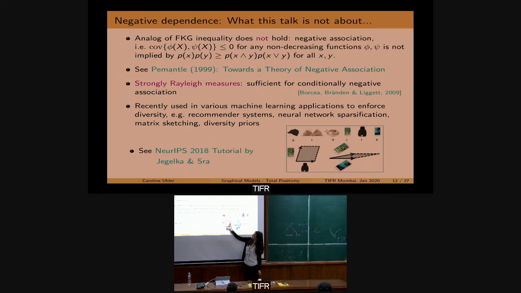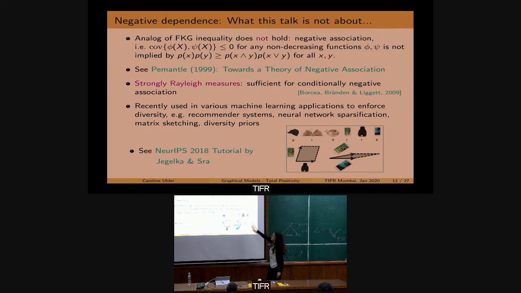And so these negative dependencies are very important for modeling, for example, in recommender systems, right? If you have already bought a hat, you're probably not so likely to buy another hat. So what you want to recommend is something that is negatively associated, so that you have a big variety of things that you're proposing to a person to buy, and not very similar things.